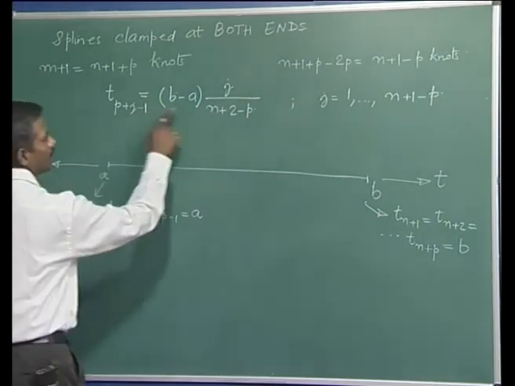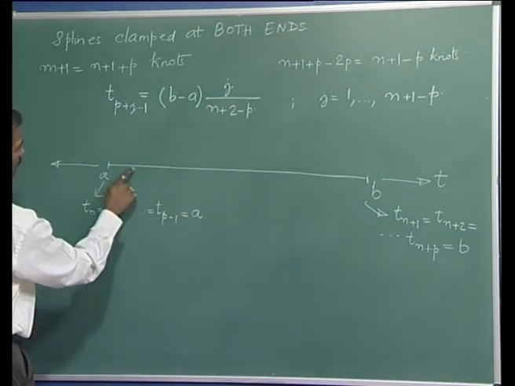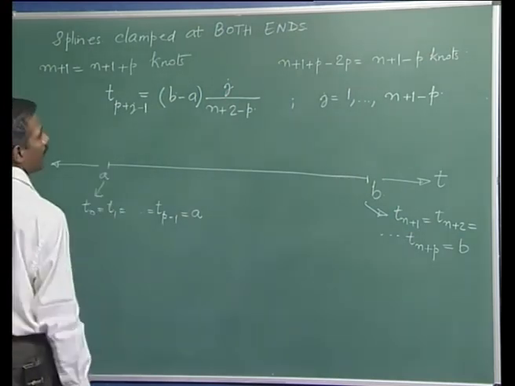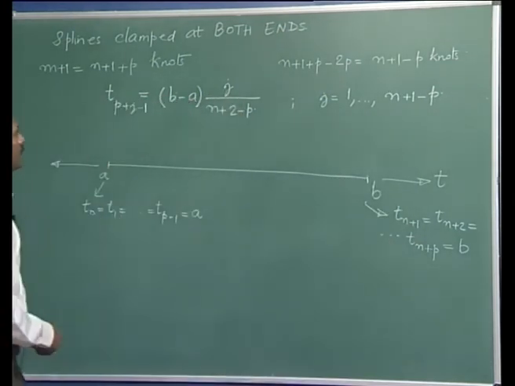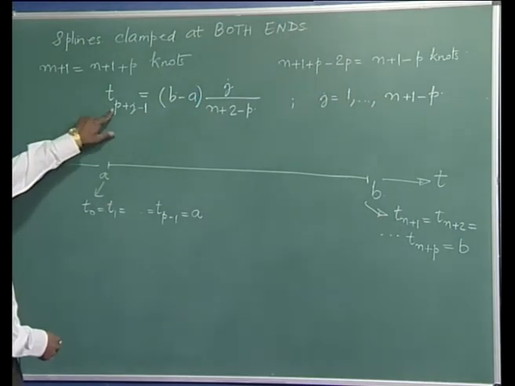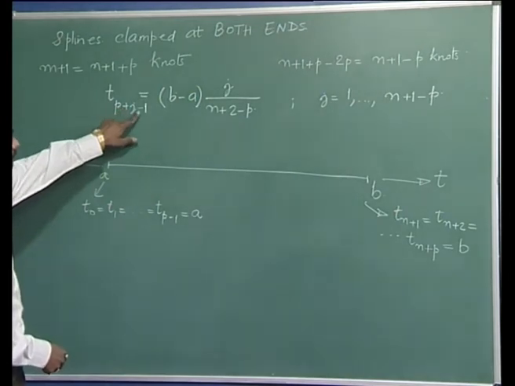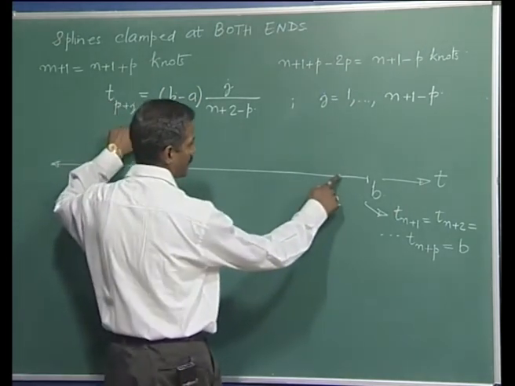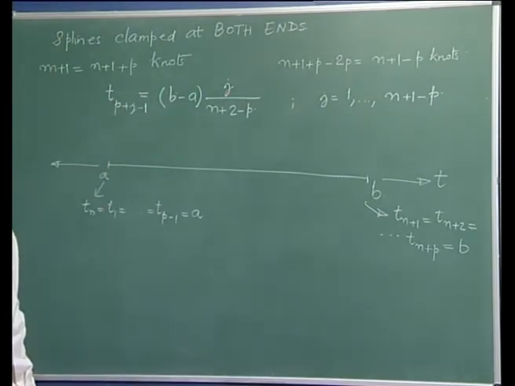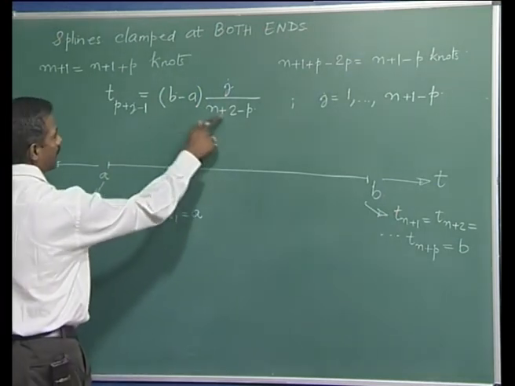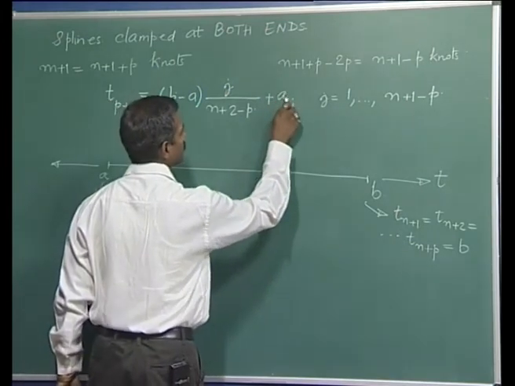When j equals 1, we get to specify the next knot T sub p, and when j equals n plus 1 minus p, the last knot becomes T sub p plus n plus 1 minus p minus 1, which is Tn right here. What did I miss here? I missed this term.